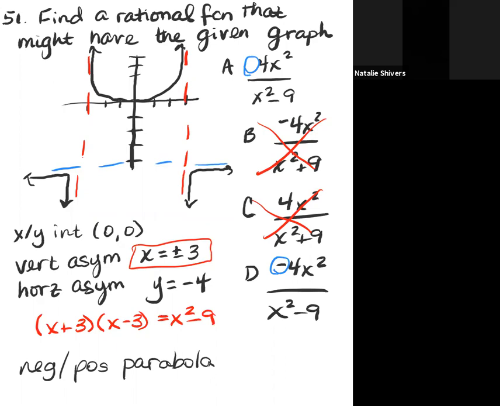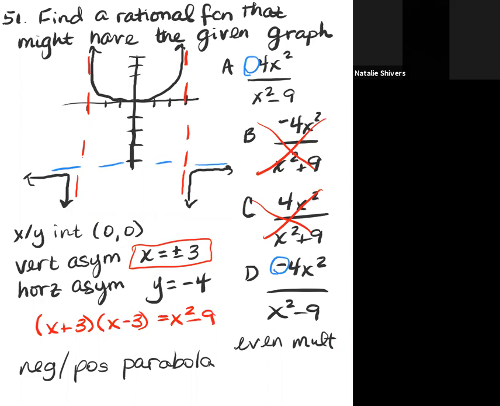So it's a regular parabola, so you would think it would be A. At this point, I would check. The only other thing I have written down is that it has an even multiplicity. But apparently the answer is D.